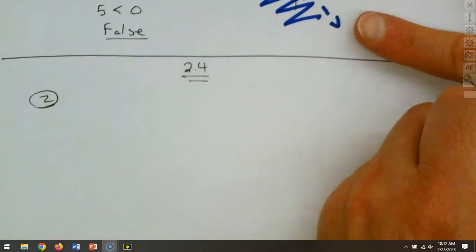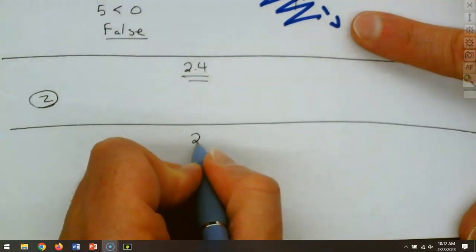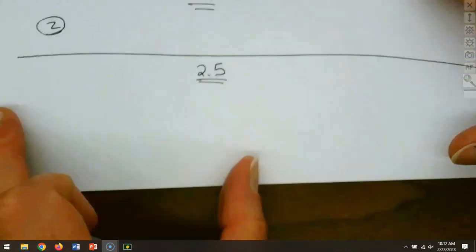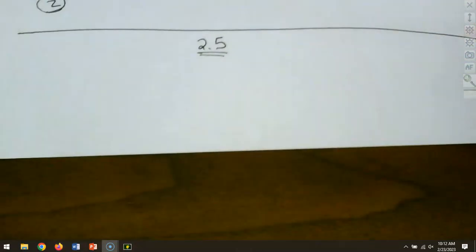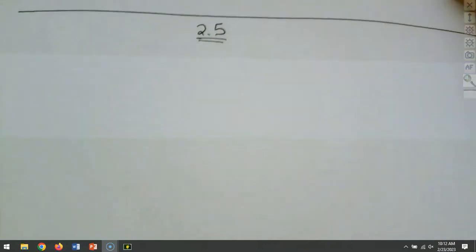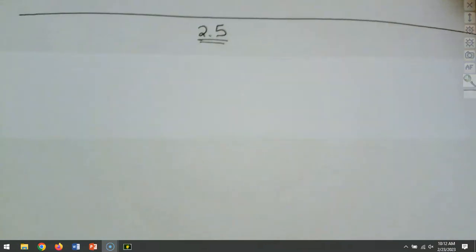Okay, but let's now move on, and let's look at 2.5. And 2.5, we're going to talk about functions. And then we're also going to talk about the domain and the range.